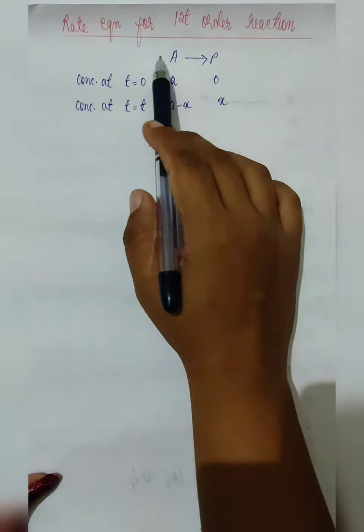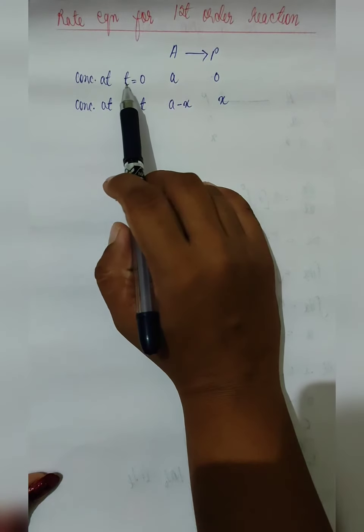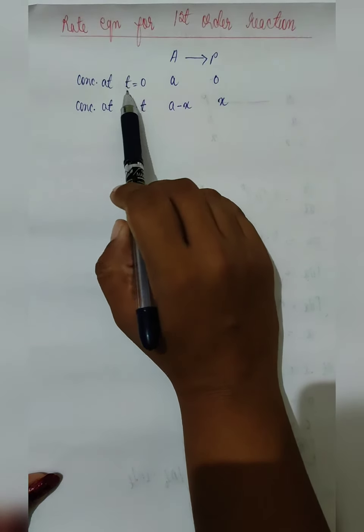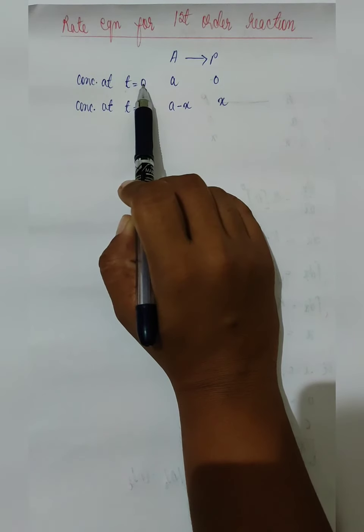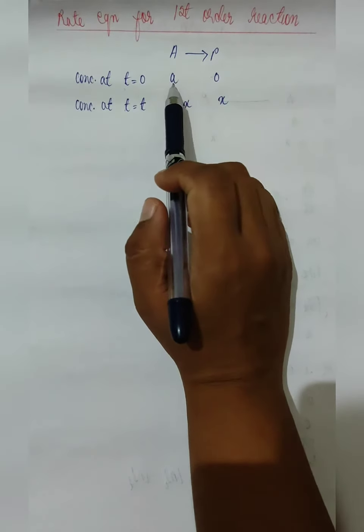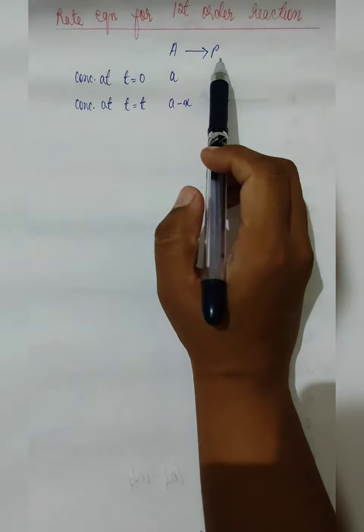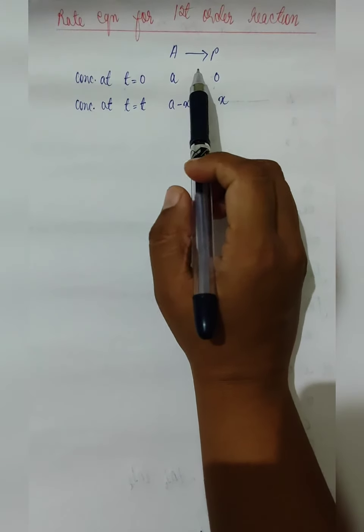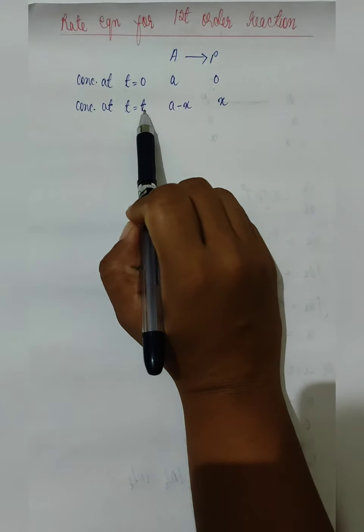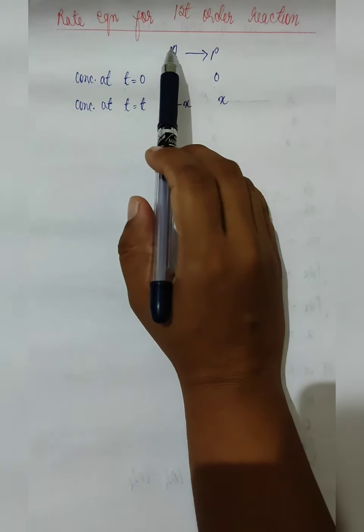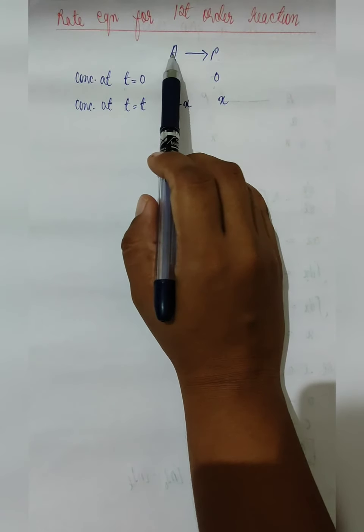Let us now do the rate equation for first order reaction. Let us consider a first order reaction. Concentration at time 0, that means the initial concentration of the reactant is a and initial concentration of the product is 0. At time t, with the passage of time, the concentration of the reactant will decrease.